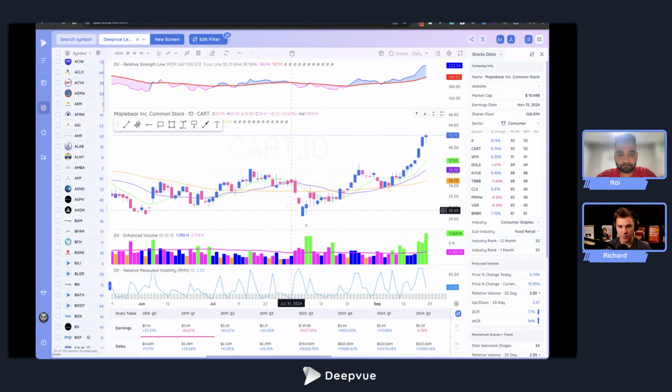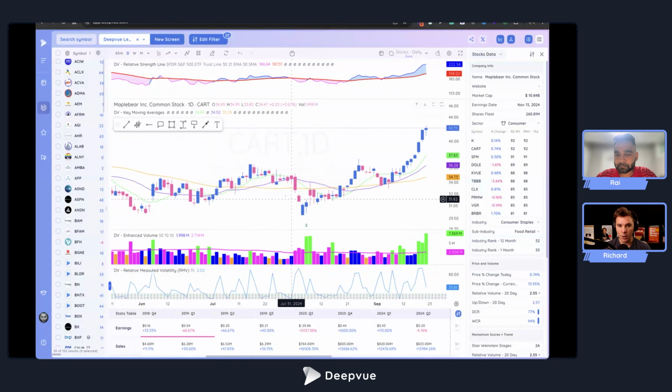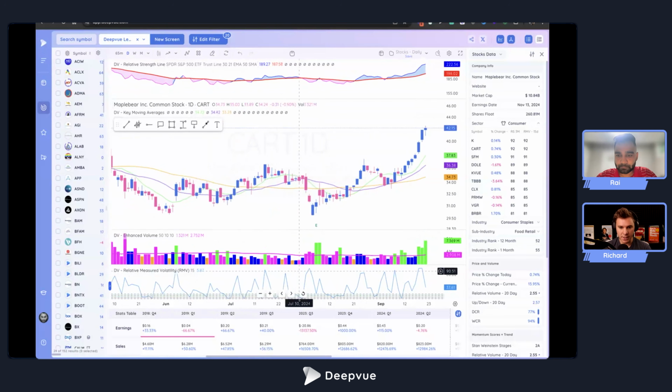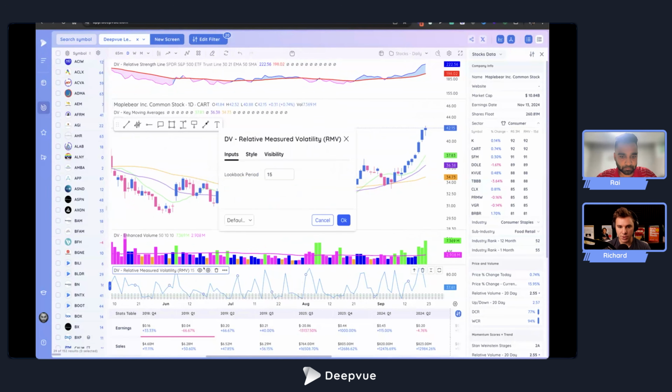We've got a lot of different indicators that cover different styles and can help you do just that. And RMV for me is an indicator that's really useful that helps me interpret price action and what it's actually doing. So we know that it's an element of market structure that the market moves in and switches between times of contraction and times of expansion.